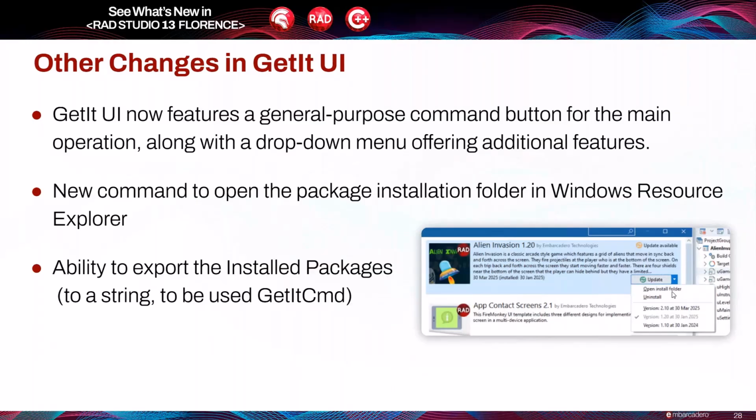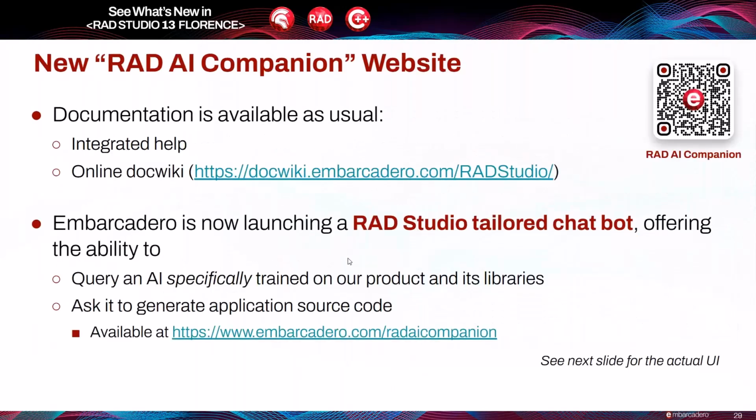That's very handy because we provide a lot of demo projects through GetIt, or we even have a book, Getting Started with RAD Studio, available through GetIt. So this is a very easy way to just open the content and analyze it without going through complex paths.